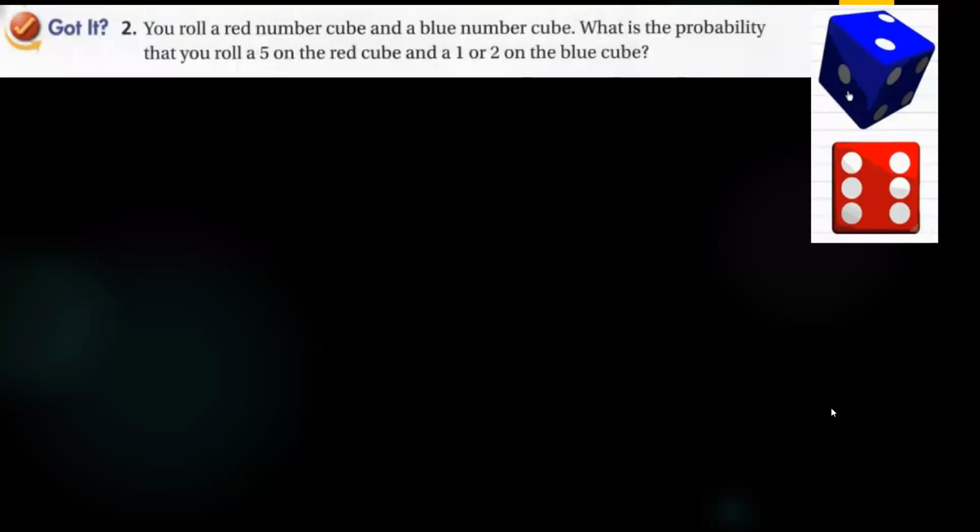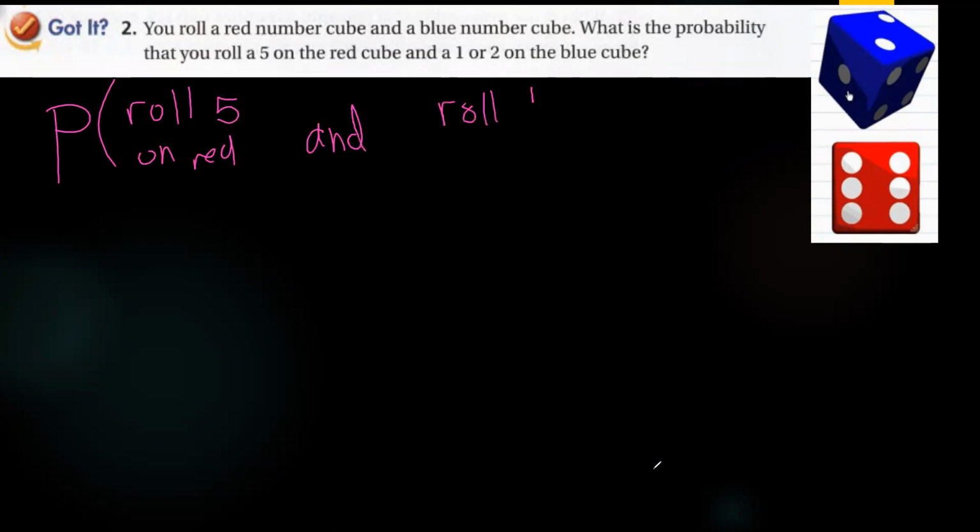So now here, probability of roll 5 on red and roll 1 or 2 on the blue.